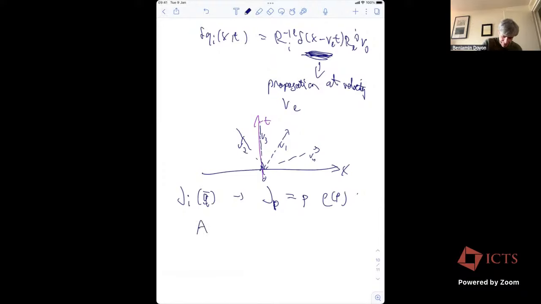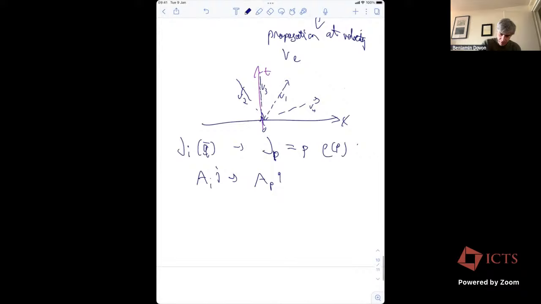Now Aij becomes A(p, q), where p and q are continuous variables. The correct interpretation is as an integral operator kernel. This is a functional derivative of Jp, seen as a functional of the density, at q.